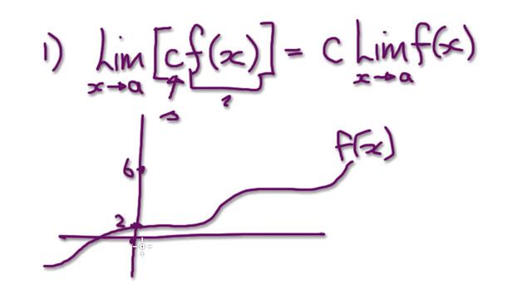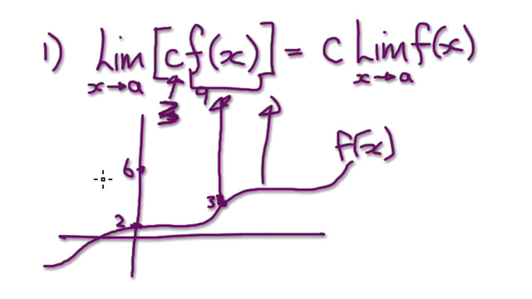So you are really stretching it. Let's say this point here is 3, and because we're making c 3, this point would get stretched all the way to 9. So basically this function will get stretched upwards.